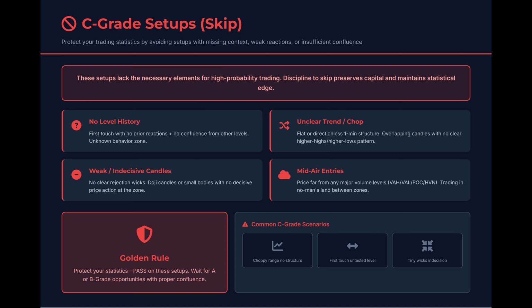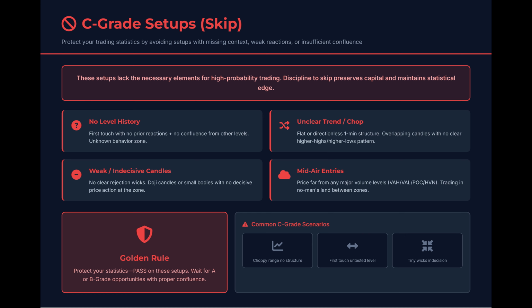Third deficiency: the rejection candle is weak, non-existent, or ambiguous. Instead of a strong bullish pin bar with a long lower wick showing decisive rejection at the PD VAL, you see a small doji, an inside bar, or worse, price just drifting near the level with no reaction whatsoever. This tells you that market participants are not stepping in. There's no commitment, no conviction, no institutional interest.